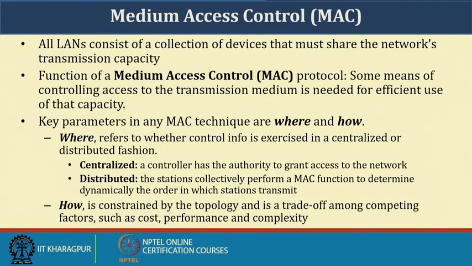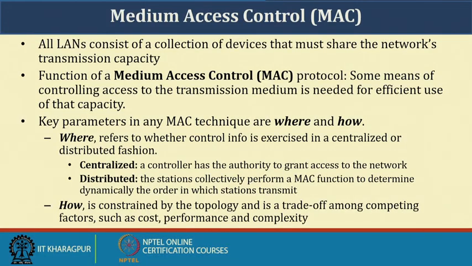So, one is centralized, with a master controller that takes care of the transmission, or it is distributed, meaning there is some sort of consensus protocol among the stations. How is constrained by the topology, and is a trade-off among competing factors like cost, performance and complexity.